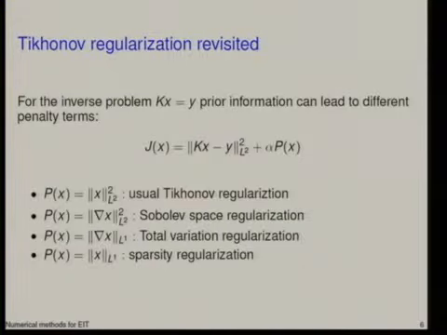If you think about images where you have big regions that have the same color, then this is a nice prior to put in whenever you do denoising and so on. Because then you get nice regions of constant value. And then there's a fourth one I put here, which is what people call sparsity regularization.